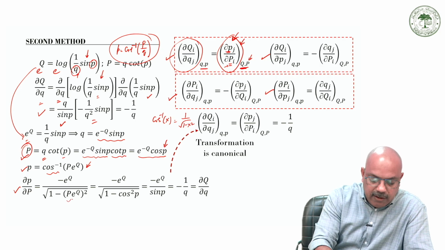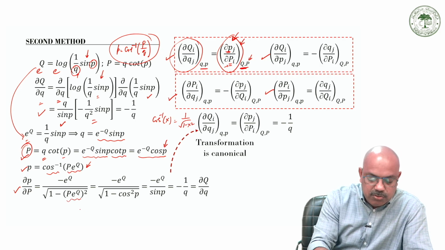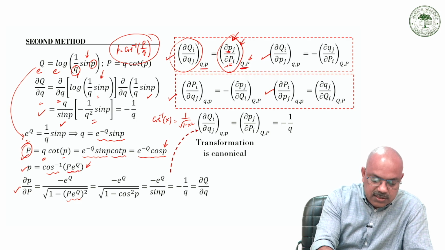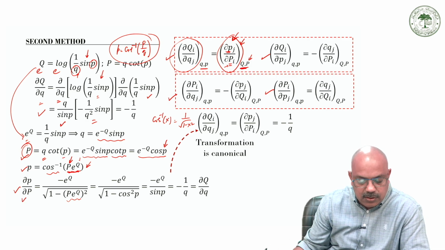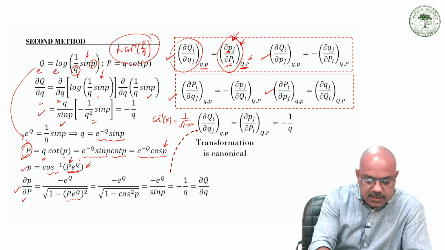Then with respect to P, this is going to be 1. So this is going to be minus, because P is going to have this thing, and then you're going to have e to the power q here.